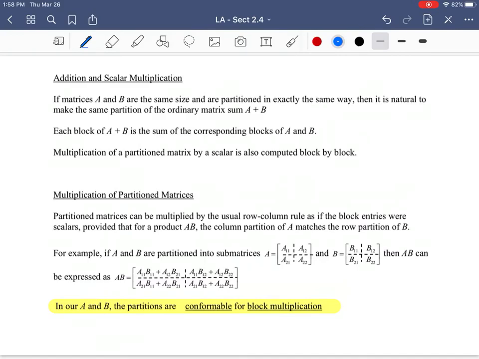When you multiply, you have to have the sizes the correct way. Remember when you multiply, like if you do a 3 by 2 and you're trying to multiply it by something, it has to be a 2 by something. So, you know, these things have to match. So when somebody tells you it's conformable for multiplication, that means everything works out. So I'm going to show you one of the multiplications on the next page. So let's go to that.